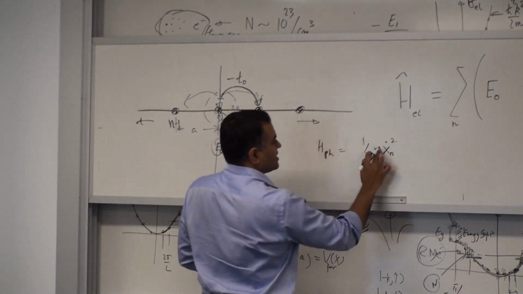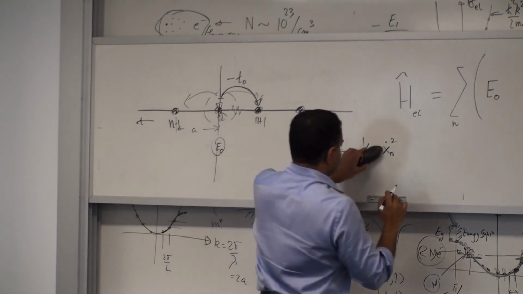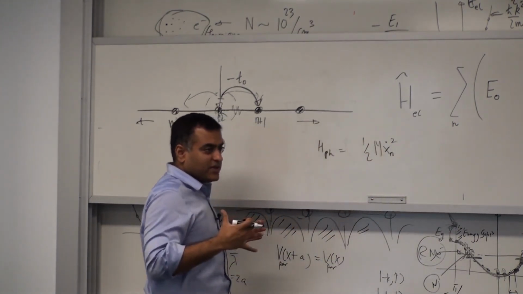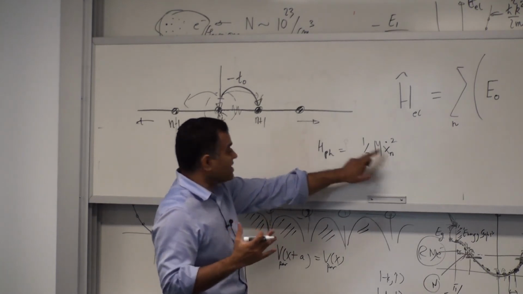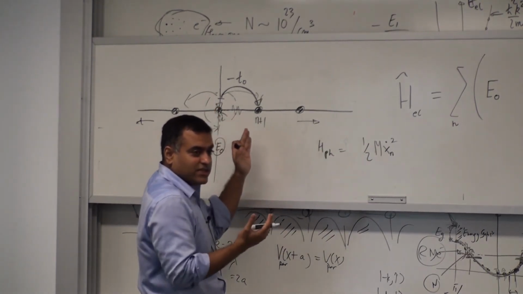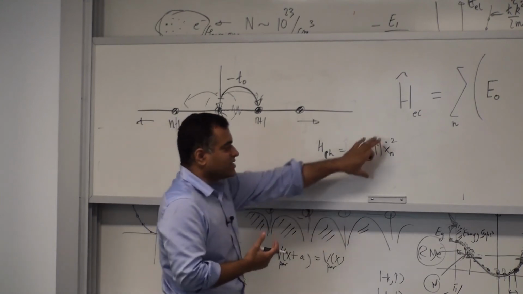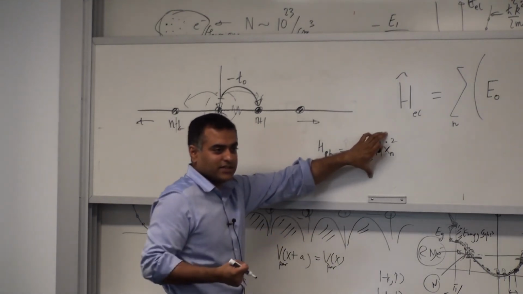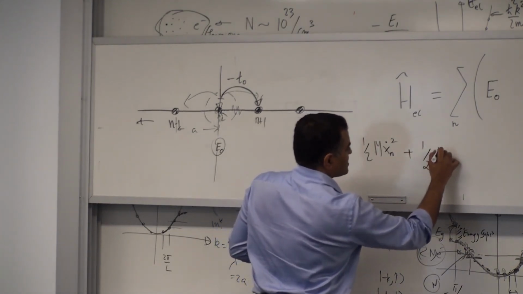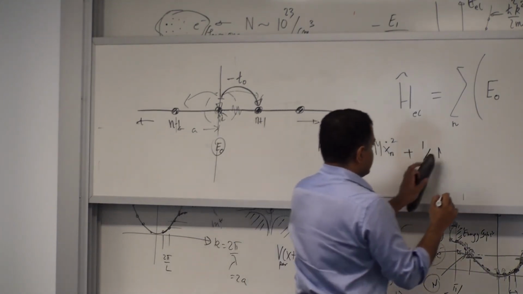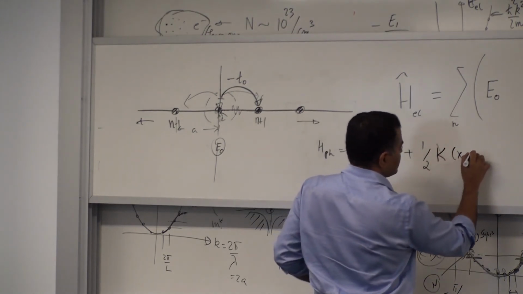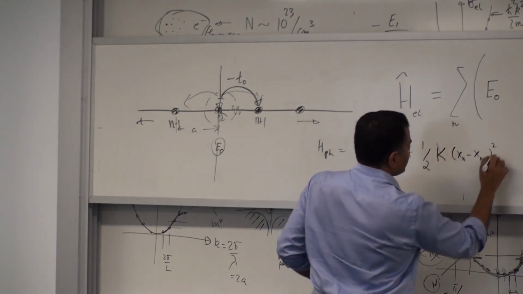Here I have the mass of the atom, not of the electron, but of the atom. And how fast is it moving? x_n dot is the velocity, and the square of this is the kinetic energy of the atom itself. Plus, because it's a mass spring system, you can write a spring constant, big K, times x_n squared. Does that make sense?